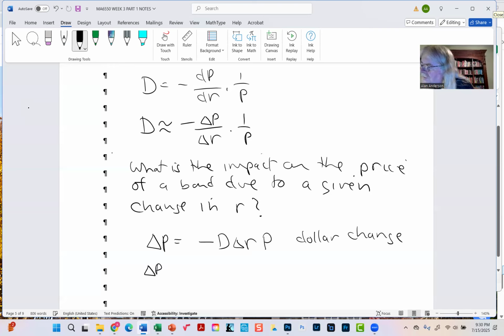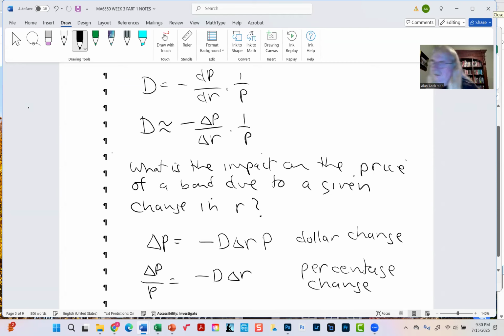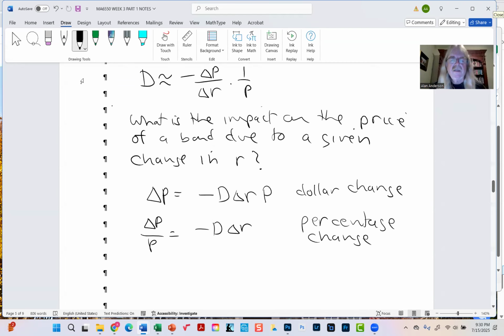The percentage change would be this. All right. So we can calculate the predicted dollar change and the predicted percentage change.